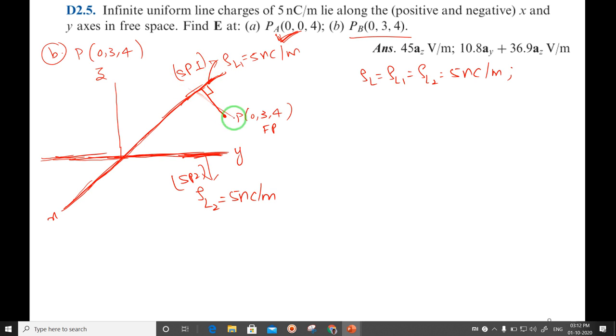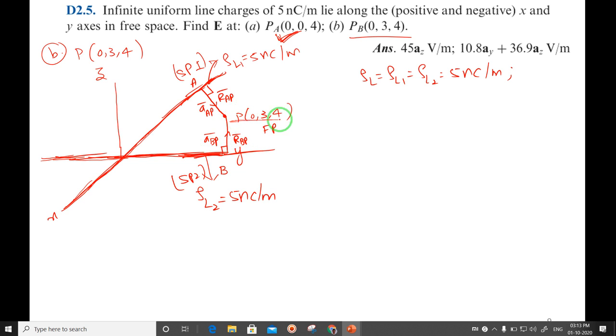So let me call it A to P, and this distance as RAP and unit vector AAP, right? Then the second source, draw the perpendicular line, call this B to P, ABP and RBP.